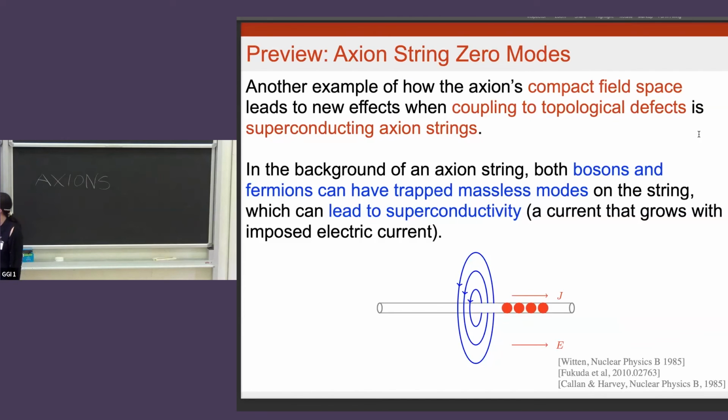It's well known that in the background of an axion string, bosons and fermions can have trapped massless modes on that string and can lead to superconductivity, which is a current that grows with imposed electric current. This was first stated by Witten and also shown using some more formal arguments by Callan and Harvey, anomaly inflow, as well as this recent paper, which also explores this.